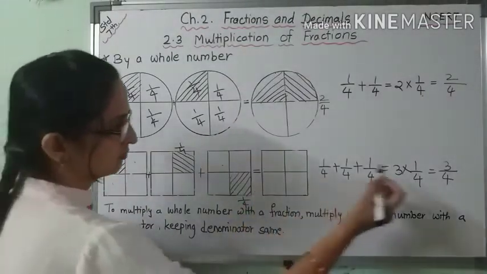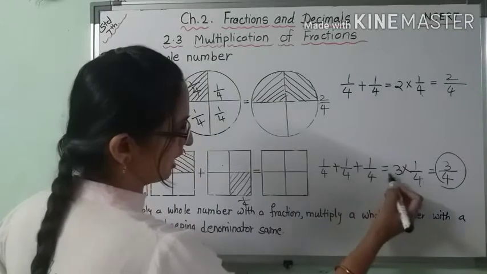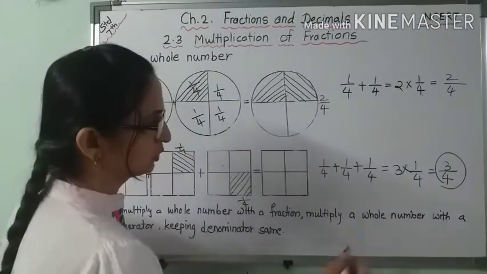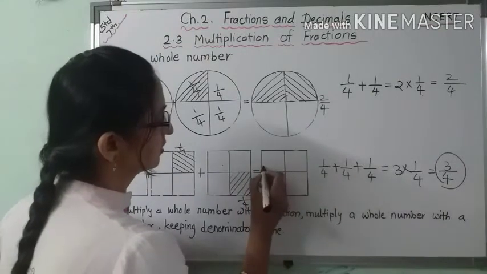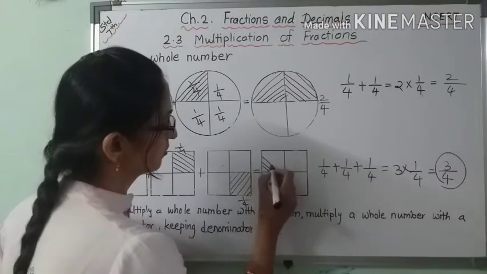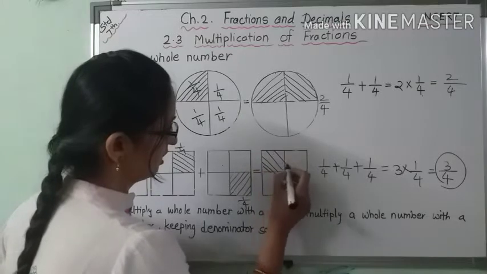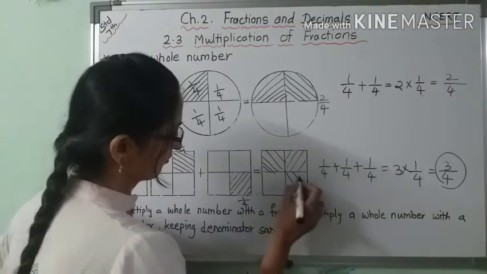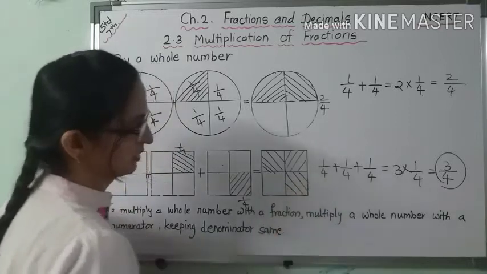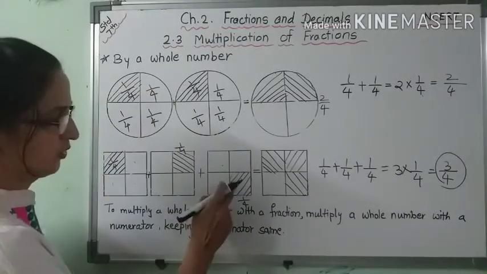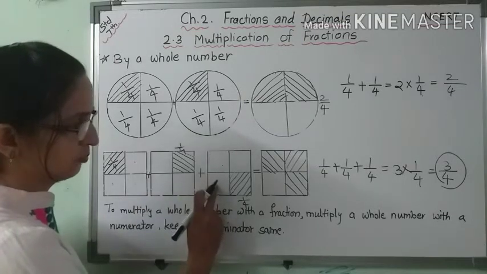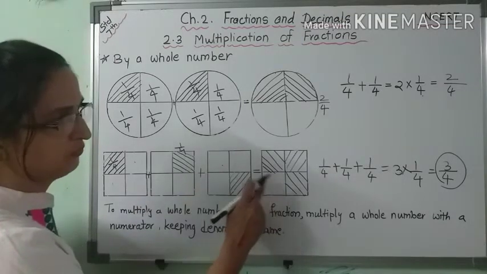So the answer of this addition or multiplication is 3 upon 4. Now how to show this fraction? Out of these 4 parts, we have to shade 3 parts like this. So the answer, or the addition of these 3 shaded parts, is 3 upon 4.